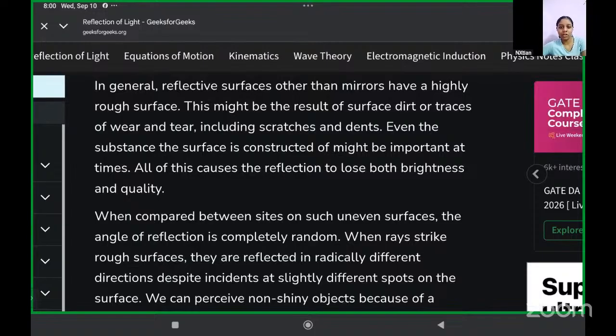There is one common law, one common principle by which it is calculated. There are types of diffused reflection, but there is just one formula that is used, which is known as Lambert's law.